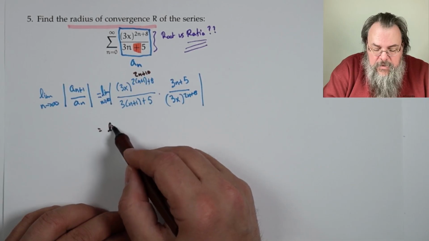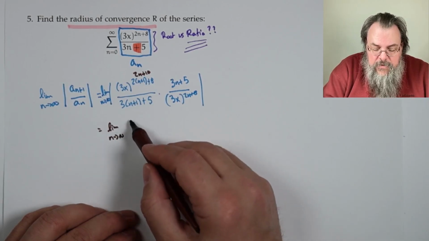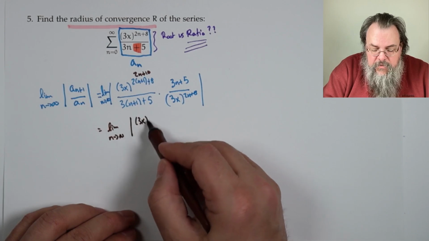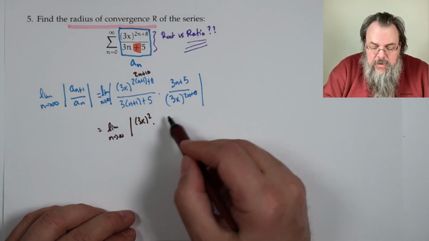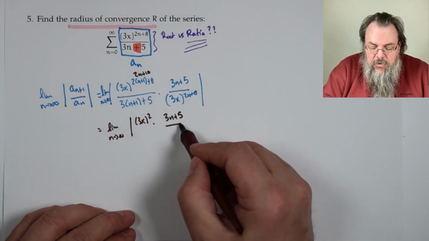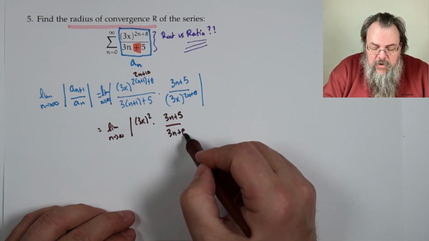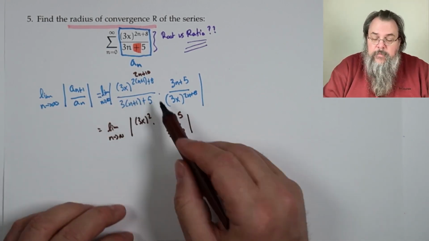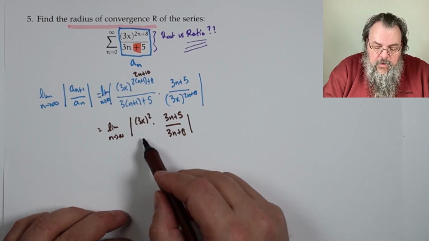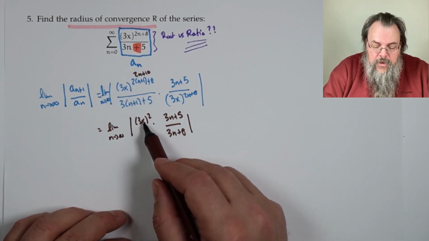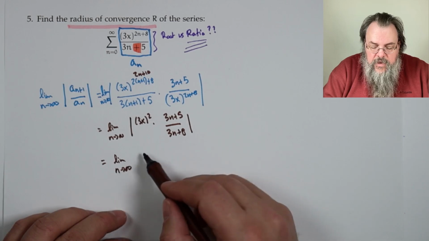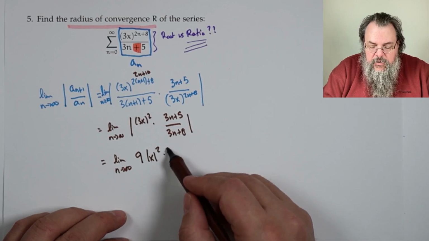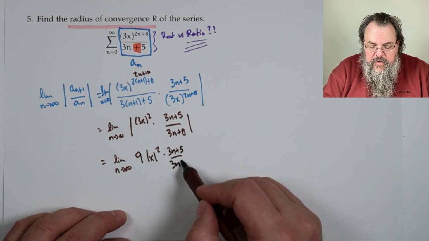This really becomes the limit as n goes to infinity of the absolute value of 3x squared, with the exponent 2n plus 10 minus 2n plus 8, and then 3n plus 5 over 3n plus 8, because I can just distribute the 3 through and combine. Let's clean up one more time: the limit as n goes to infinity of 9, that's 3 squared, times the absolute value of x squared, and then 3n plus 5 over 3n plus 8.